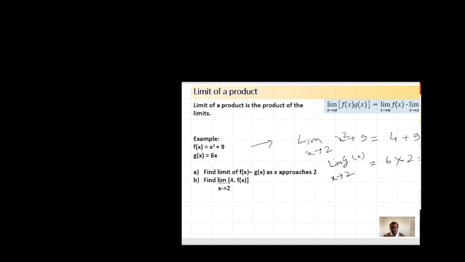Now we need to find the limit of f(x) times g(x) as x approaches 2, which is the product of these. So we can find 13 times 12, and whatever value it comes, that will be the answer.